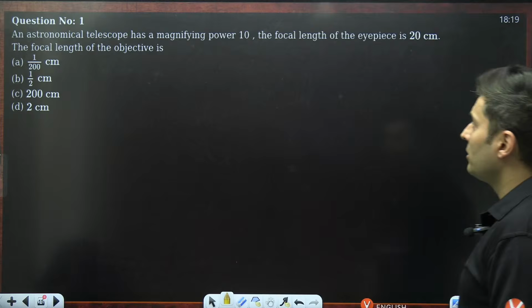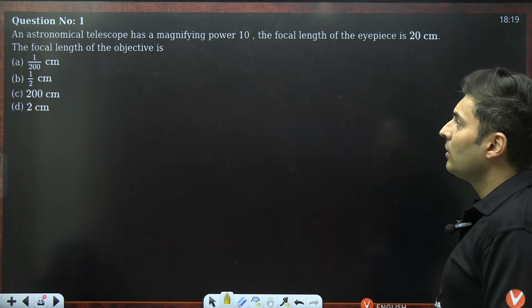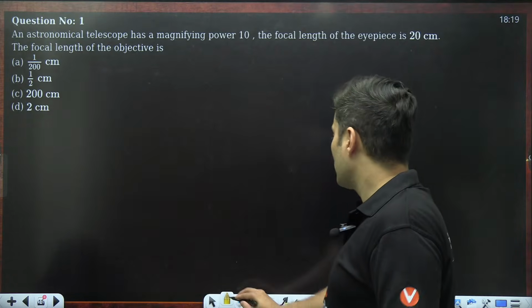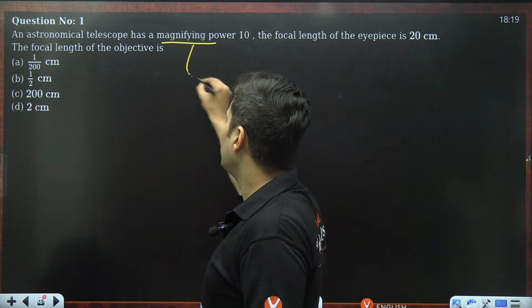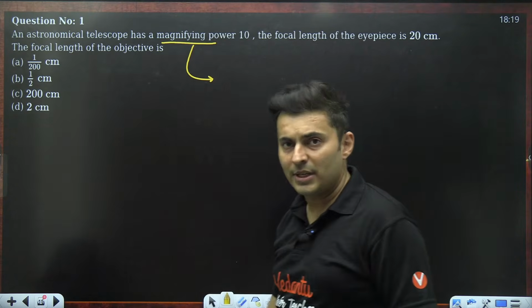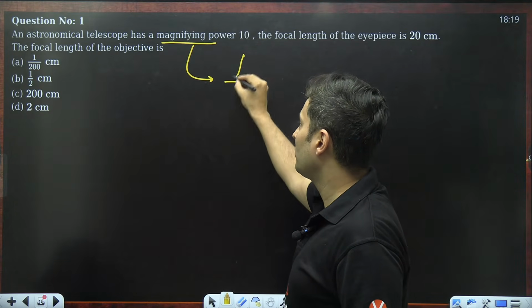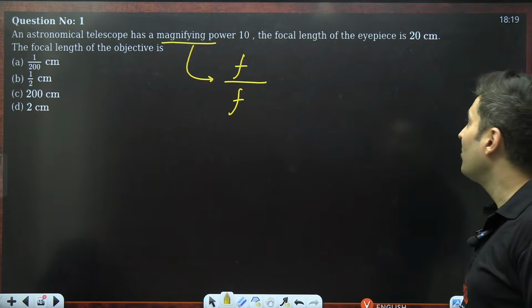An astronomical telescope has a magnifying power of 10. The focal length of the eyepiece is 20. What is the focal length of the objective? What is the formula for the magnifying power of a telescope in the normal situation? The magnifying power is the division of the focal lengths of the objective and the eyepiece.